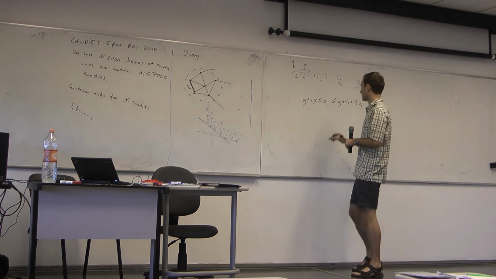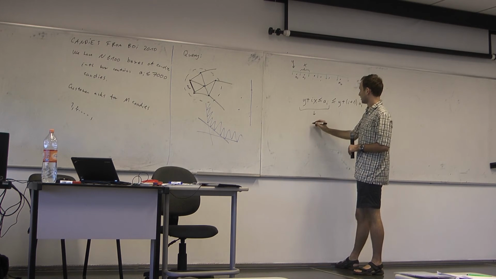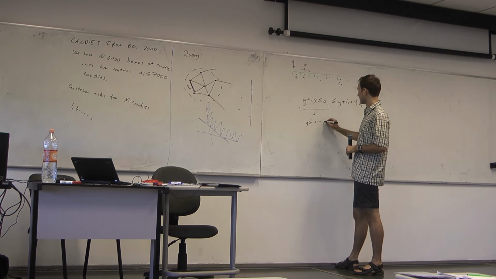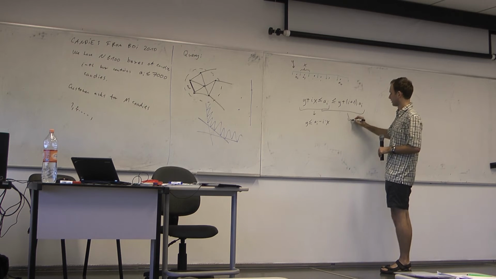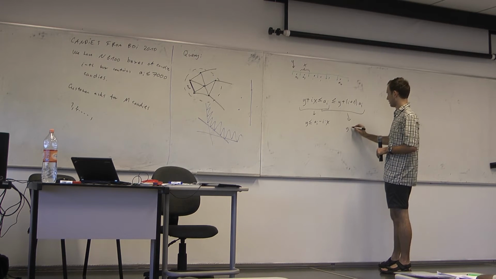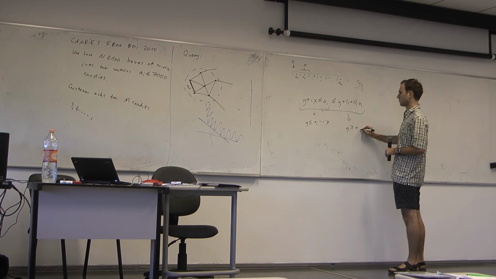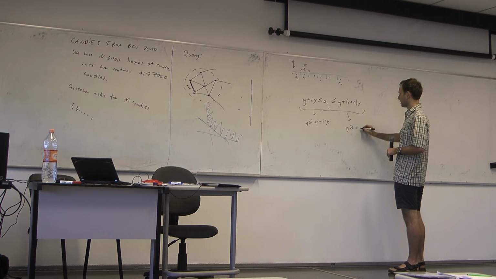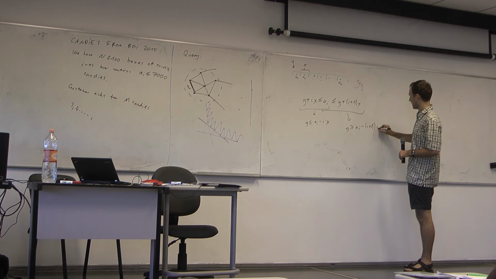So equivalently, we can say that from this we got that y is at most a_i minus i times x, and from this we get that y is greater than a_(i+1) minus (i+1) times x.